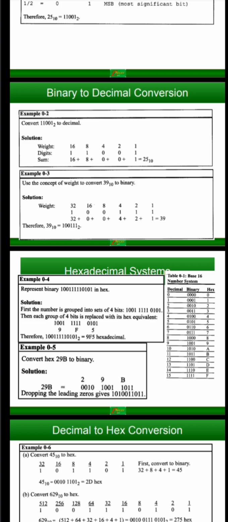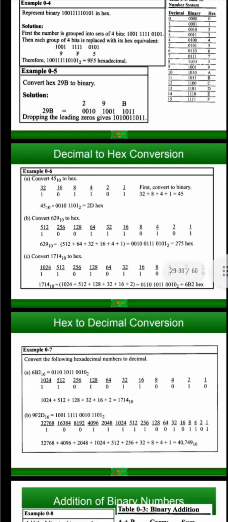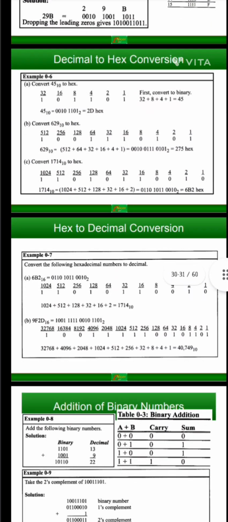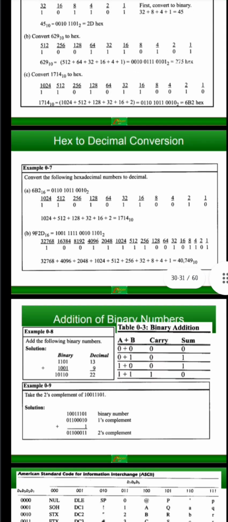Then we will see that 1001 refers to 9 in the number system, and 1111 refers to F, and 0101 refers to 5 in the binary number system table. So it will become 9F5 in hexadecimal. Similarly in example number 6 and example number 7.